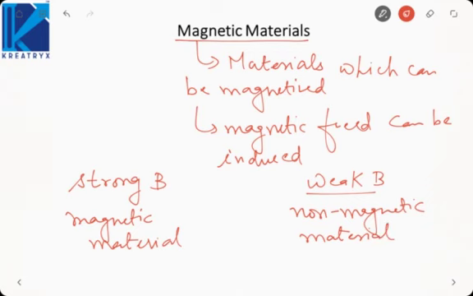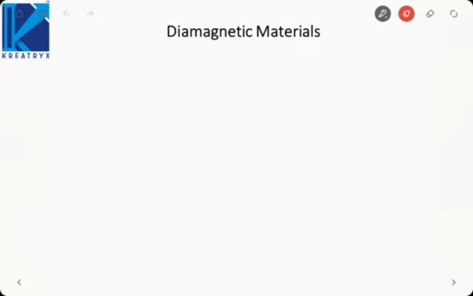So now let us see in what categories we can divide the magnetic materials and what specific properties they have. First is diamagnetic material. Diamagnetic materials are those in which the magnetic field is not persistent. That is, magnetism only persists when an external field is applied. Non-persistent means when you remove the magnetic field, the magnetic behavior goes away.